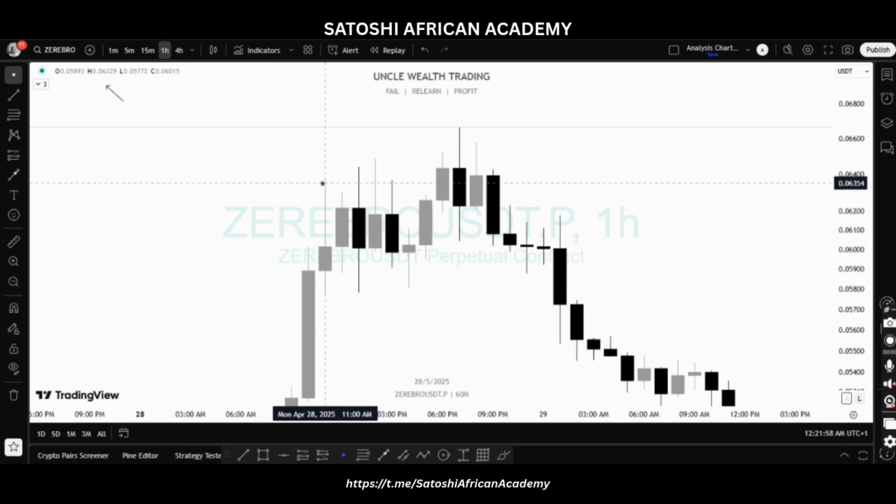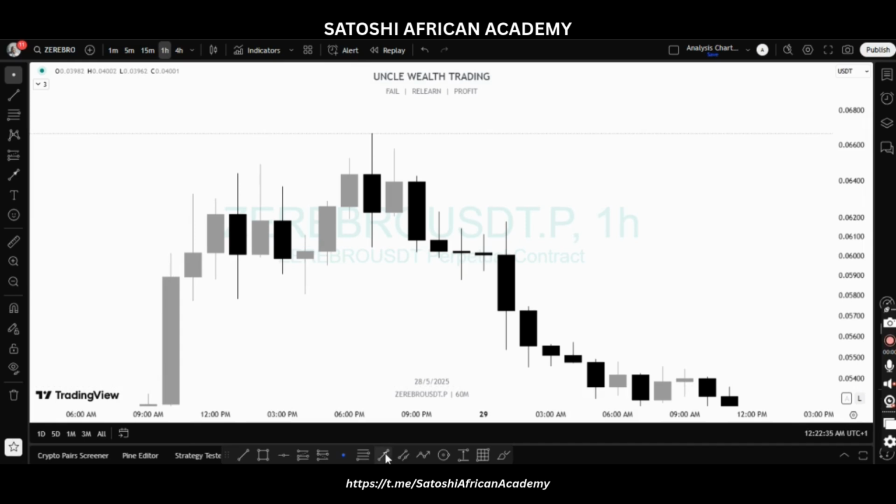The top, which is the high of this candle, that's a wick, is 0.06329, while the bottom, which is the low, is 0.05772. But look at this price. The price here is 0.05893, while the price here is 0.06015. So 0.058, 0.06. What does that tell you?